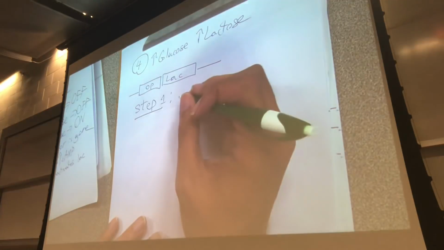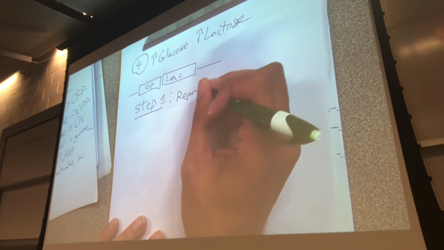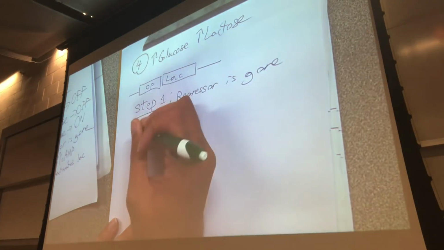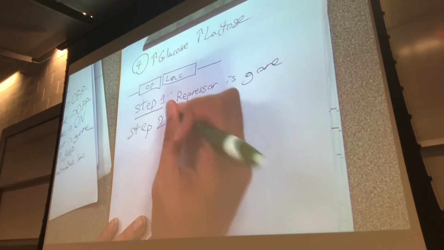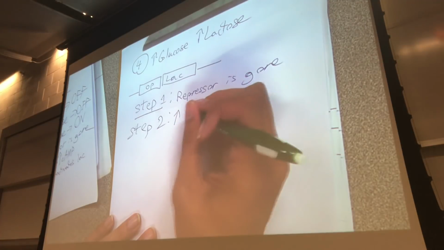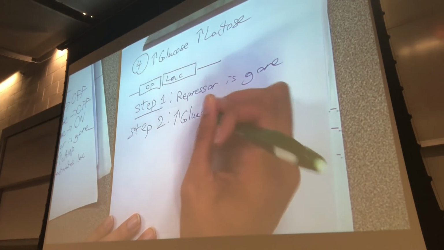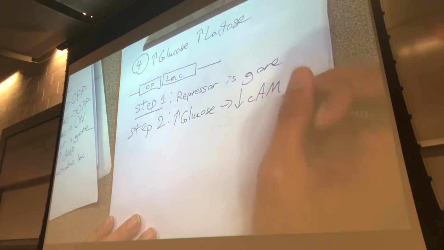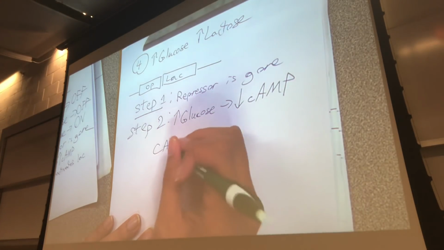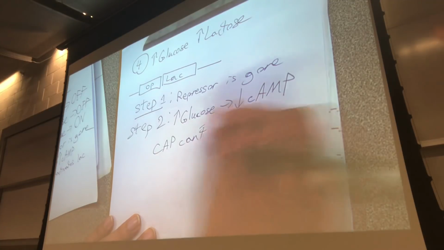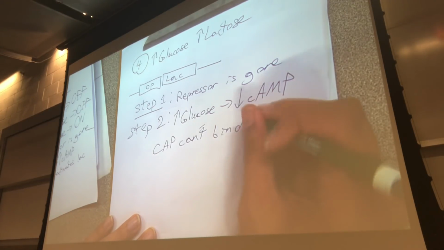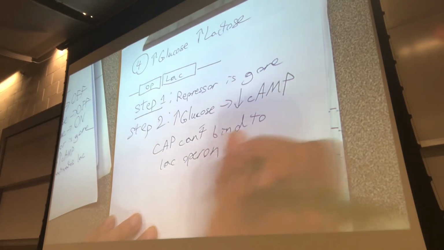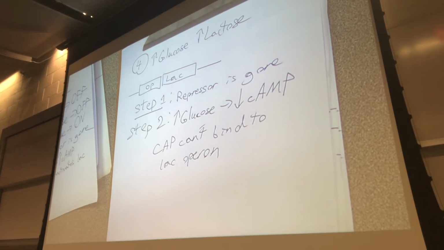If there's plenty of lactose, repressor is gone. Step two. However, if there's lots of glucose, there is not a lot of cyclic AMP, so CAP can't bind to the Lac Operon. You have removed the parking brake, but you're not stepping on the gas.